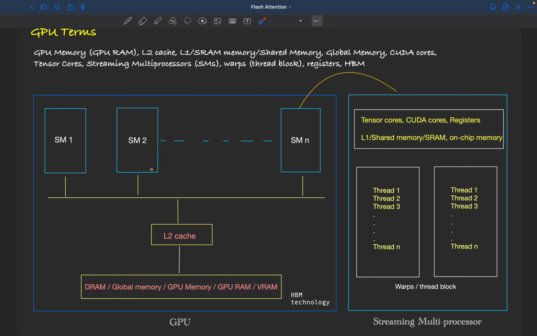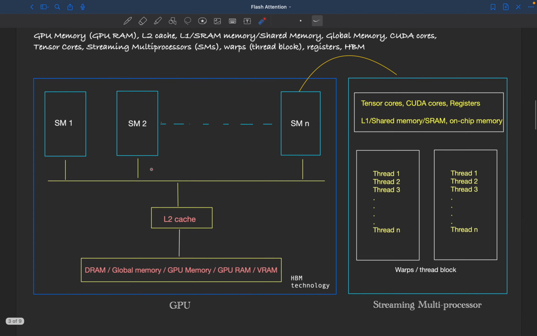In one cycle, one operation can be done, or multiple operations can be done, or a single operation can take multiple cycles to run. So it's always m is to n. So whenever we say a 1 gigahertz GPU, that means it has a capacity of 10 raised to 9 cycles per second, right?